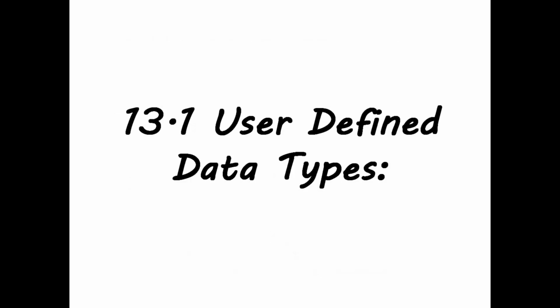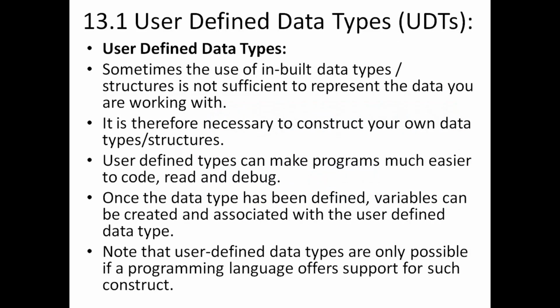In today's lecture, we'll be discussing 13.1 user-defined data types. You have had a brief introduction with user-defined data types previously in chapter number 10 as well, like the record data type. Over here in A2, we are going to study a little bit more about user-defined data types.